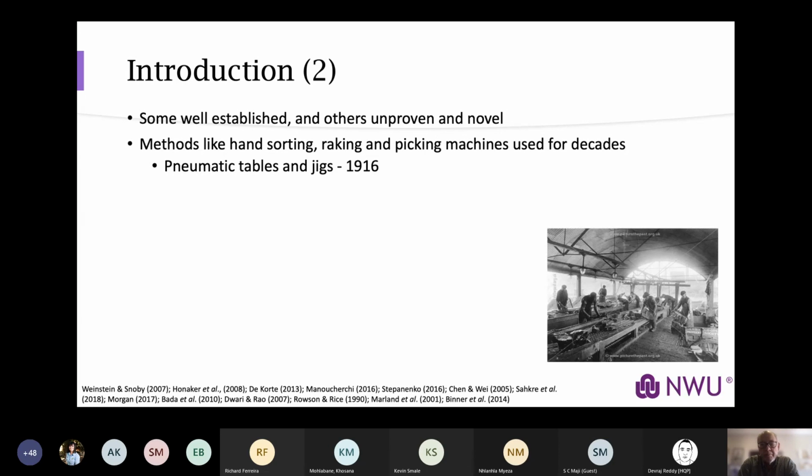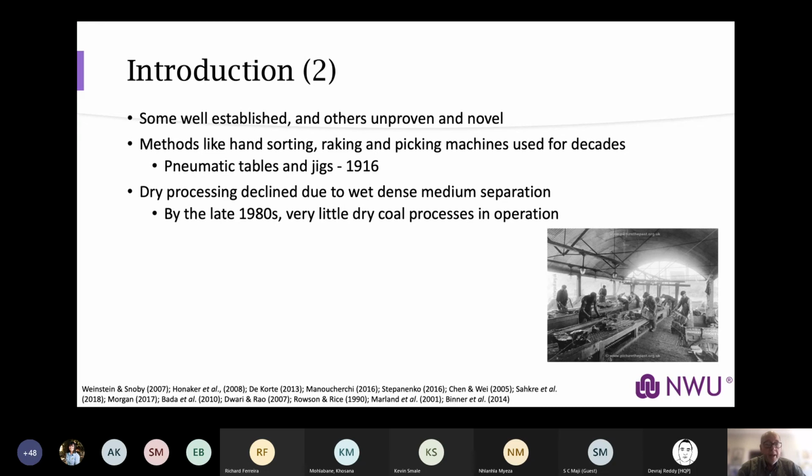Those were the rudimentary or the fundamental dry beneficiation processes, even though we know that it's not very efficient and not very economical. Even the first pneumatic tables and jigs appeared in the mid-1910s. But then dry processing declined, and it was really due to the surge of wet dense medium separation, especially in cyclones.